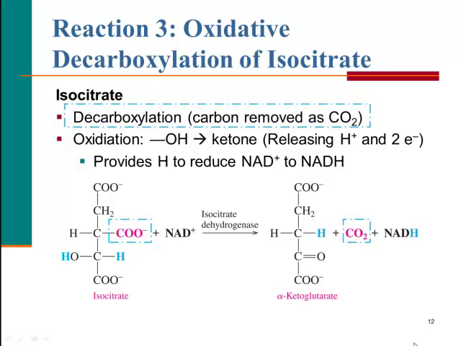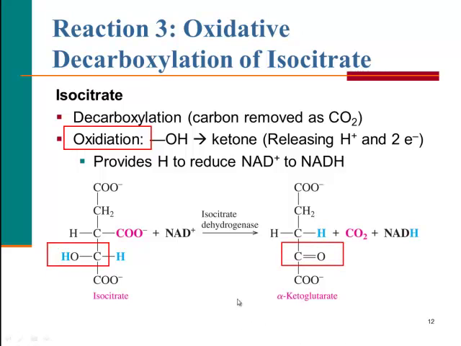So we're going to talk about oxidation in the next portion by focusing right here on the secondary hydroxyl group that we generated in the previous step. This secondary hydroxyl group is going to undergo oxidation to produce a double bond O. Again, you already know that oxidizing an alcohol produces a ketone, and that's exactly what's happening here.